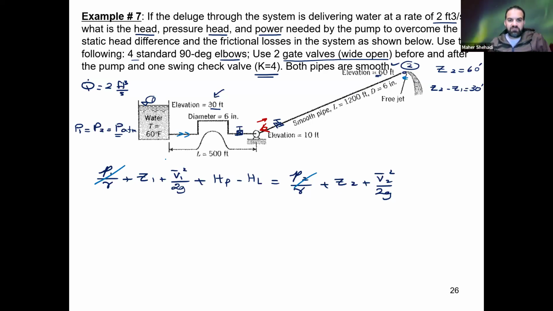So if you compare this one to this, V1 is much less, and V1 square is much, much less than the velocity inside the pipe. So we can neglect this one.